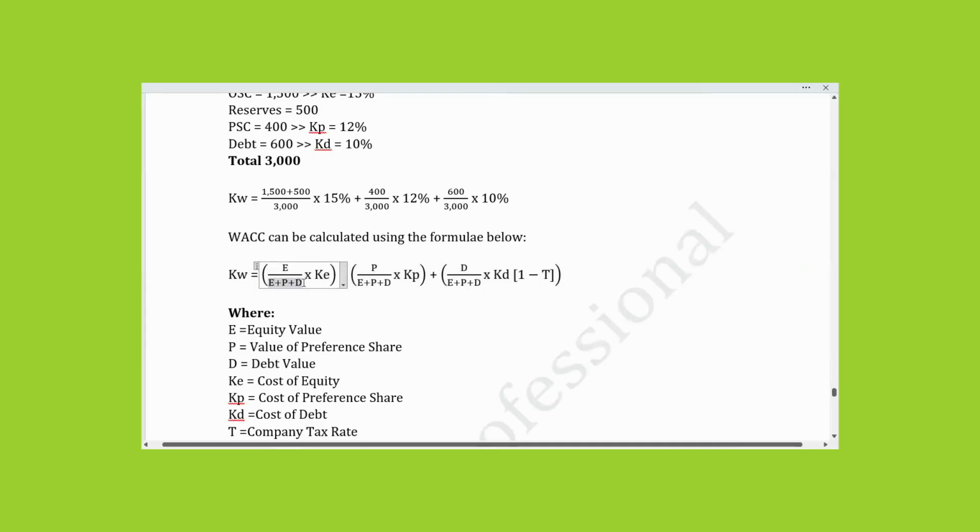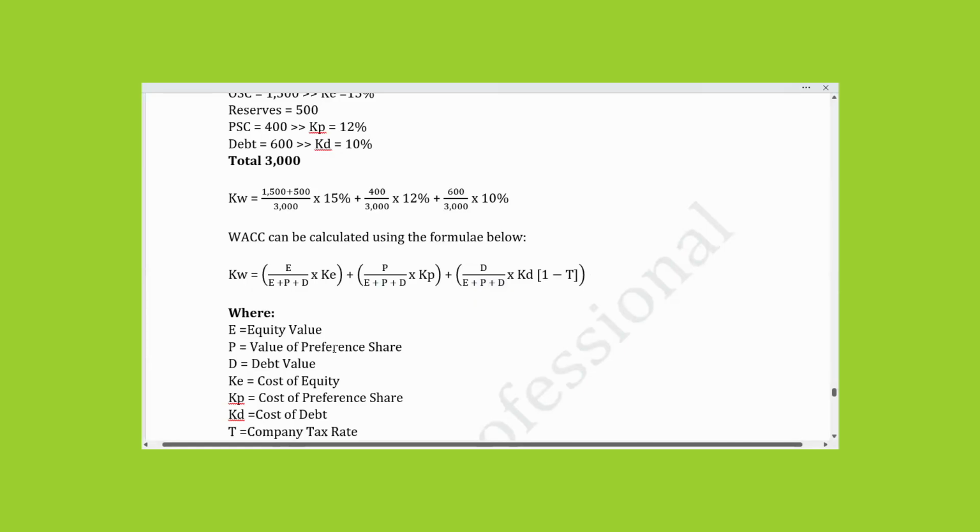So we are using the proportion of equity, proportion of preference share, proportion of debt to do the weighting. As you can see from this formula, you must first calculate the cost of individual capital. That is, you calculate cost of equity, cost of preference share, then cost of debt, before you can then calculate weighted average cost of capital.